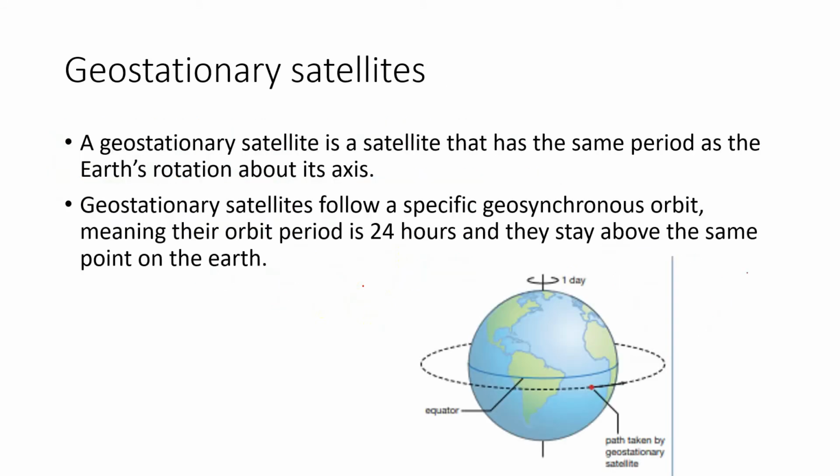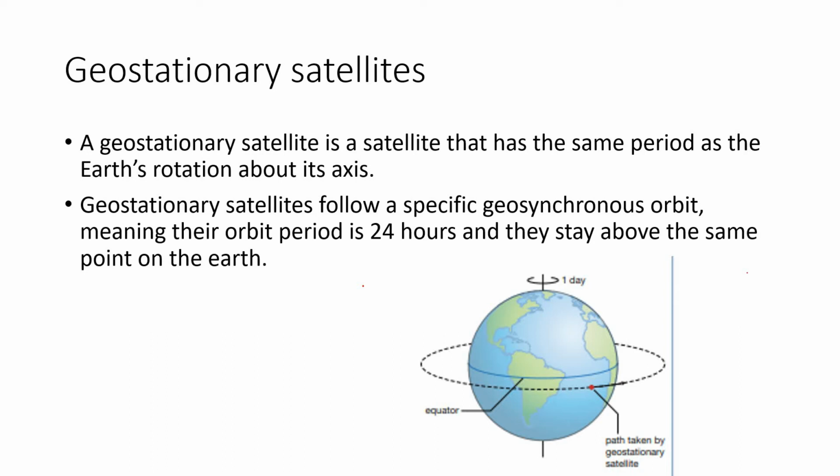But let's just talk a little bit more about geostationary satellites. These are satellites that have the same period as the Earth rotates around its axis. These are satellites that complete their rotation within 24 hours, just as the Earth completes its rotation.